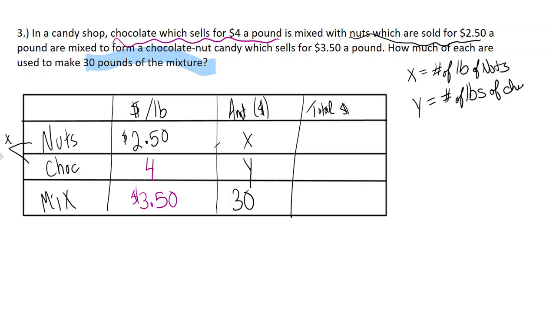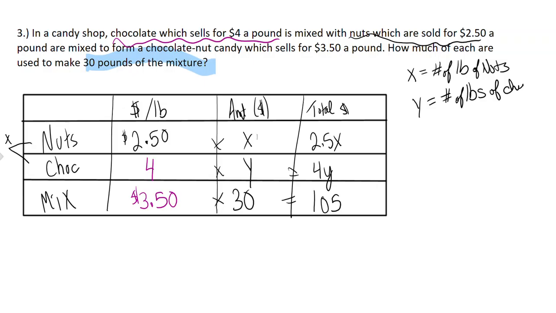So we do 2.50 times however much nuts we have, so 2.5 times X. This one would be 4Y. And then together, we get our total price of both the nuts and the chocolate mixture, which is 105.